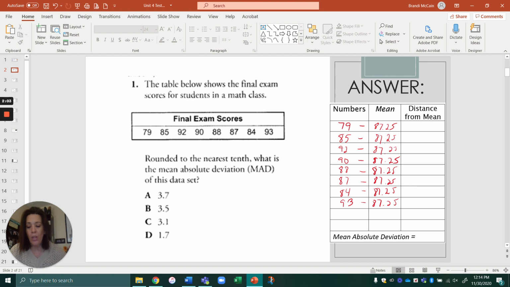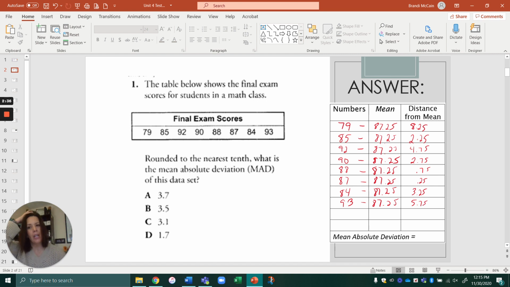So when we subtract these, this is going to be 8.25, 2.25, 4.75, 2.75, 0.75, 0.25, 3.25, and 5.75.